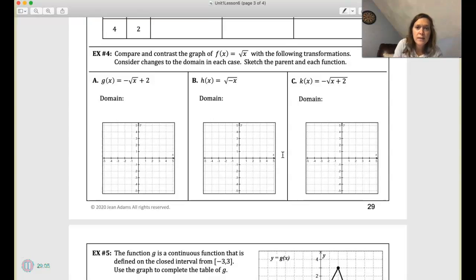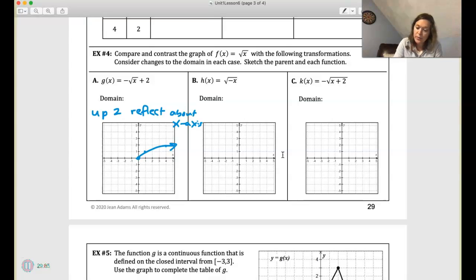So what's happening to our first one when we take the negative of the square root of x plus 2? So we have an up 2 going on, and we have a reflection about the x-axis, because the negative is not directly attached to the x, it's in front of it. Okay, so our normal parent graph is here, right?